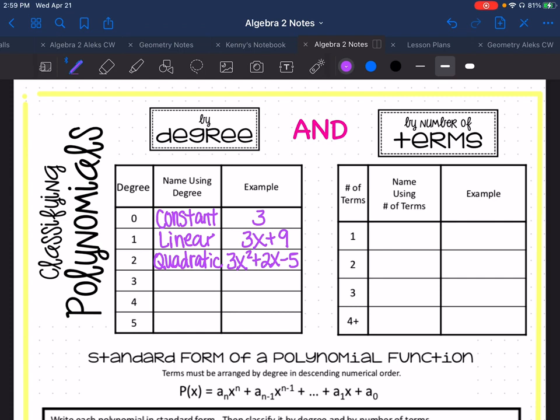When my function looks something like this, it's called a cubic. And we've already talked about the cubic functions. That's because my exponent is 3, or the highest one that I have is 3.